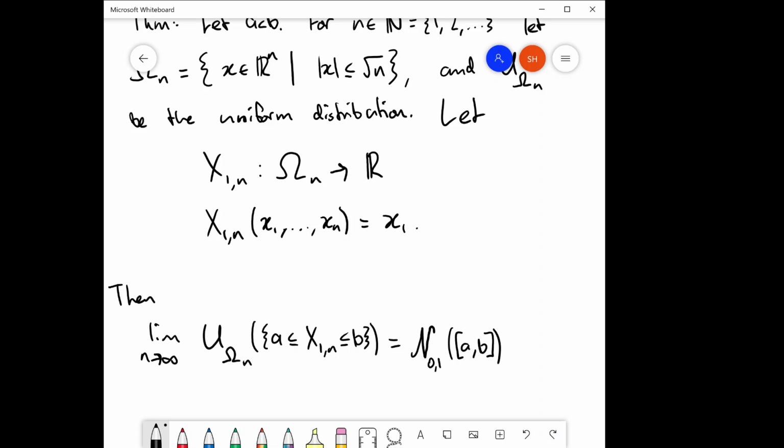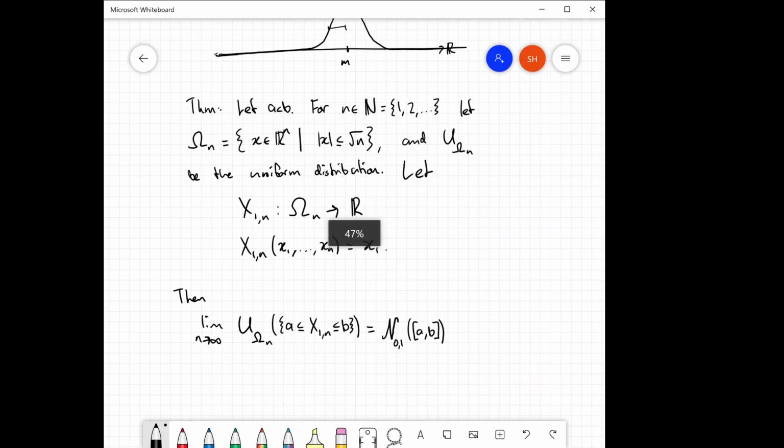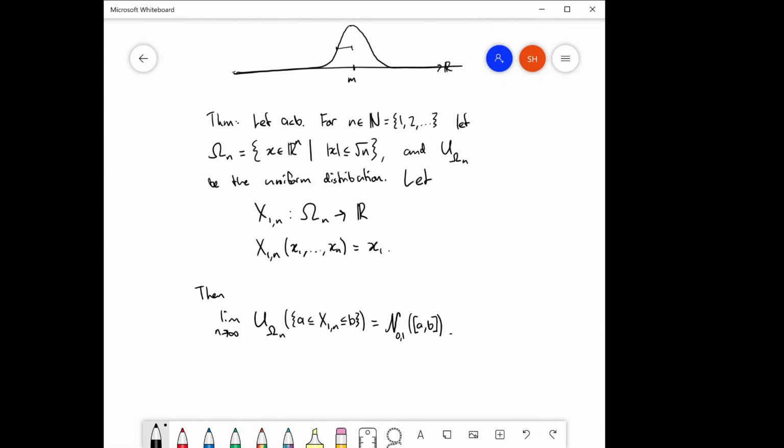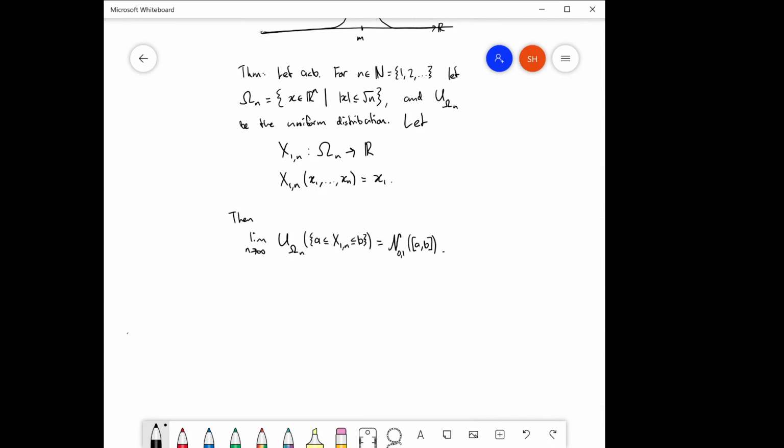Okay, well, you could ask, what is this even saying? The idea is that in one dimension, so n equals 1, you've got 0, you've got a ball of radius 1, and X_1^n is returning your position along this line.